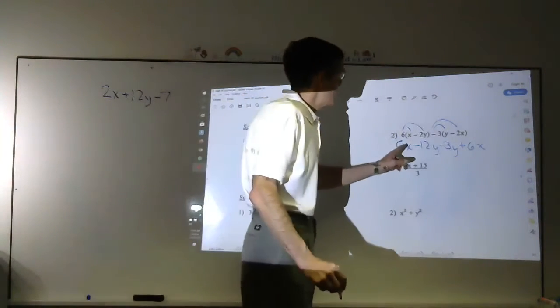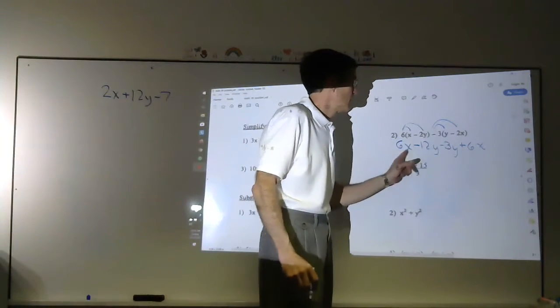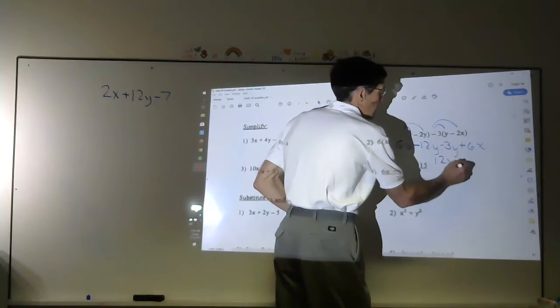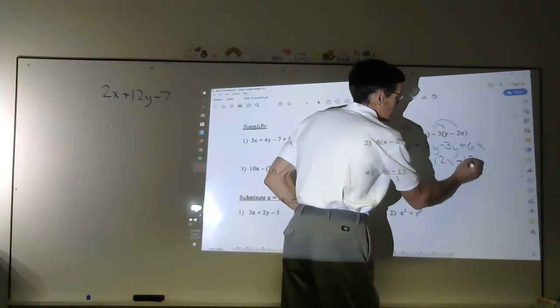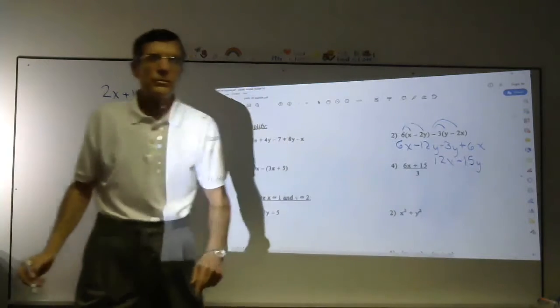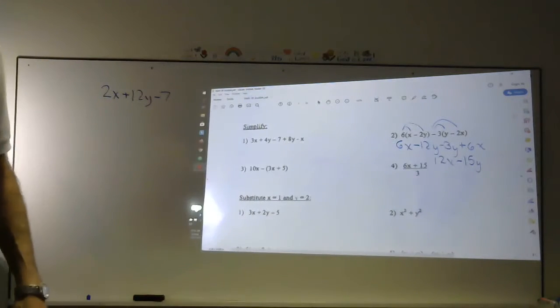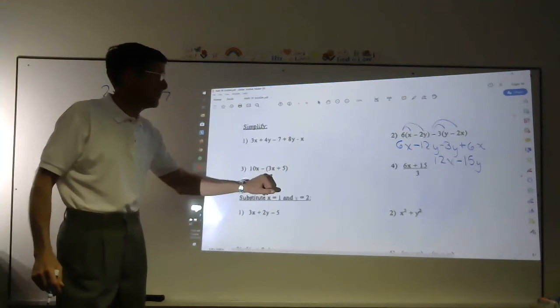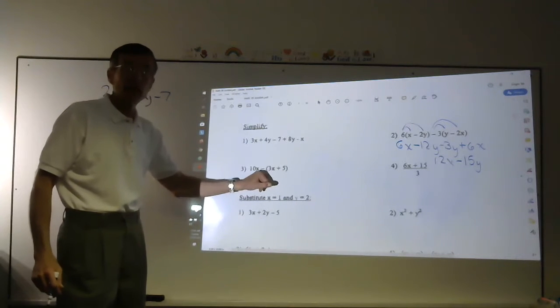Then this is going to give me a final answer. Let's collect terms. A positive 12x and two negatives make a bigger debt, a negative 15y. Everybody able to see that? You're with me? Okay. Now, down here, you must do the parentheses first, but I don't know what x is again.